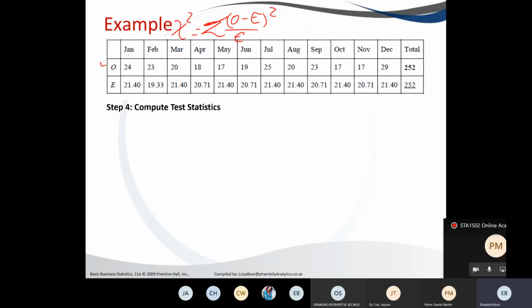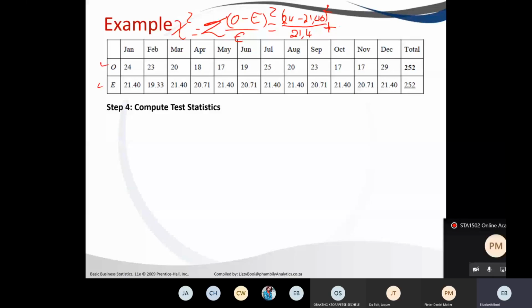Since we have our observed value and our expected value, we're going to do some sums. So it will say 24 minus 21.40, squared, divided by 21.40, plus, because you're going to add all of them.